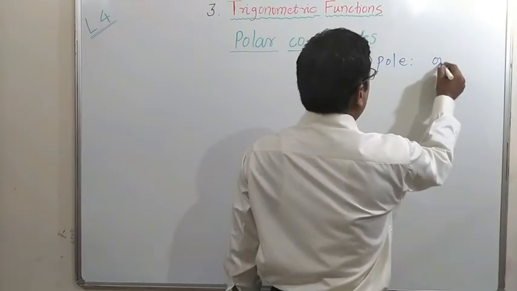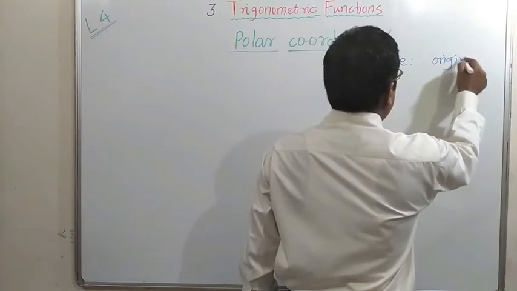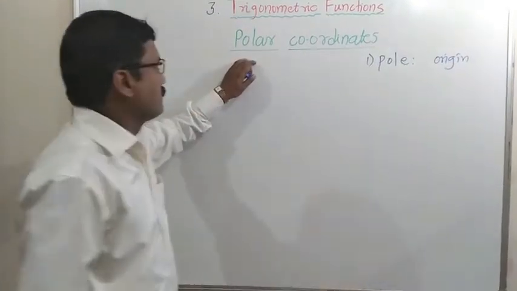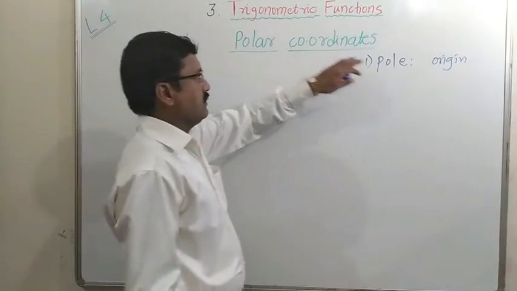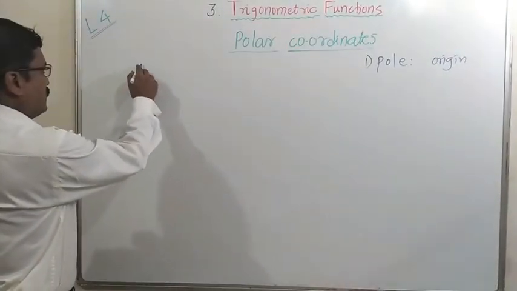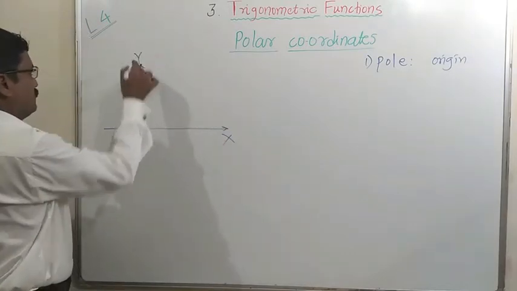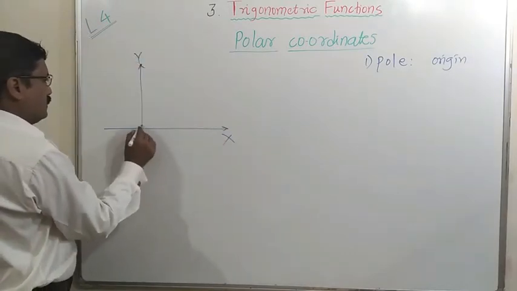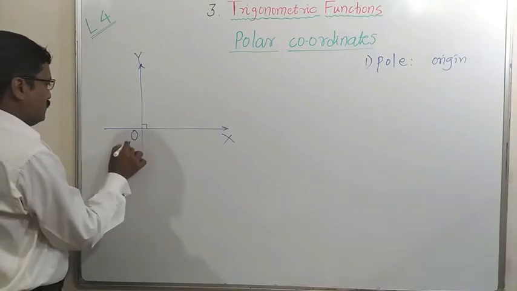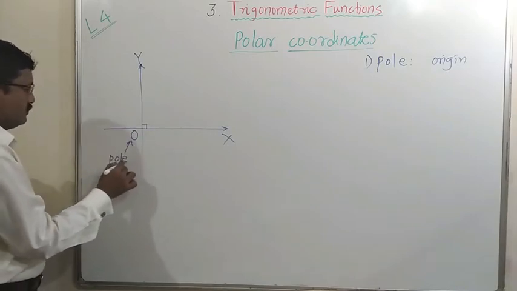This pole is nothing but the origin. So in the polar coordinate system, our origin is called the pole. Let us see the figure here. In this figure, x-axis, y-axis, and this origin is called the pole. This origin is nothing but the pole.